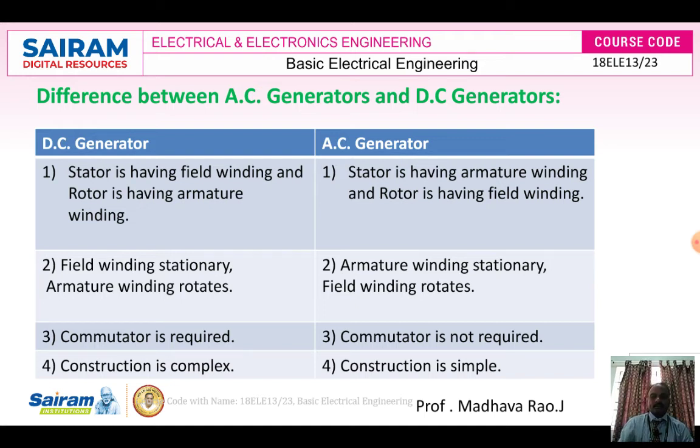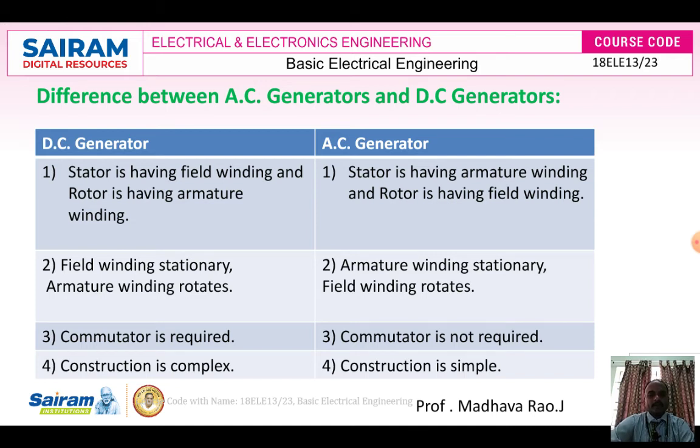So that is the second point. In a DC generator, the field winding is stationary and the armature winding rotates, since the field winding is placed on the stator and the armature winding on the rotor. In an AC generator, the armature winding is stationary and the field winding rotates, since the field winding is placed on the rotor. Third point: in a DC generator a commutator is required. Initially the induced EMF is in the form of AC, and we need to convert it into DC.